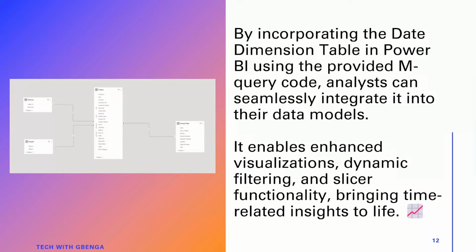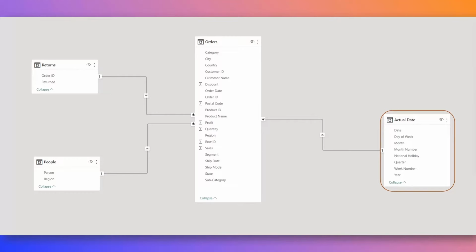So I've got my single fact table of orders in the middle, and a few other dimension tables like returns and people pointing to various entities within the orders table. With the introduction of a date table to the model, I can easily point the date to, say, order date, or ship date, or whatever date element you have within your orders fact table.